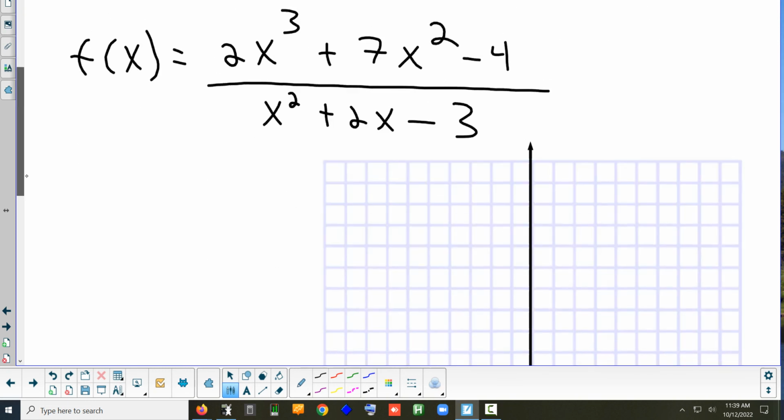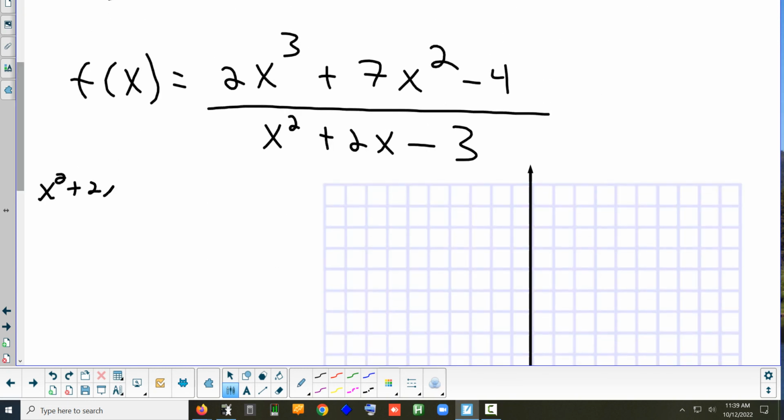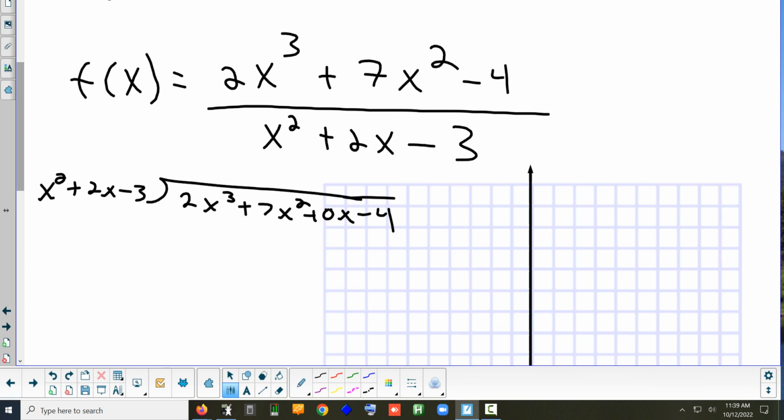So let's find it. We can't use synthetic division. Why not? The bottom is not of the form x minus a number. So x squared plus 2x minus 3, 2x cubed, 7x squared, 0x, minus 4. What do you get when you divide x squared into 2x cubed? 2x. Multiply it back out.